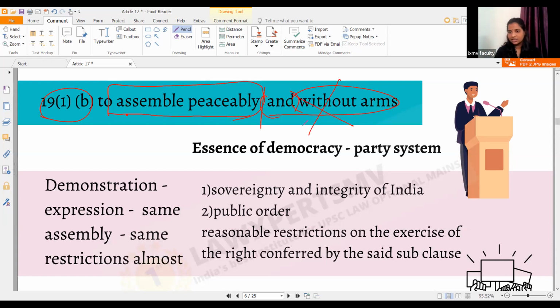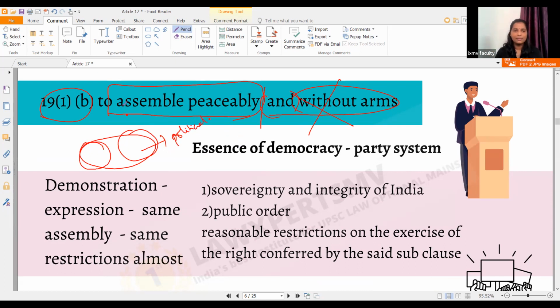How important is this freedom? Very simple. You know that we have a parliamentary form of government. What do you mean? There, the parliament will be responsible for all those things. In parliament, who are there? You have a ruling party and you have an opposition party. What these parties are made up of? Are they any NGO? No, they are political parties. How they are formed?